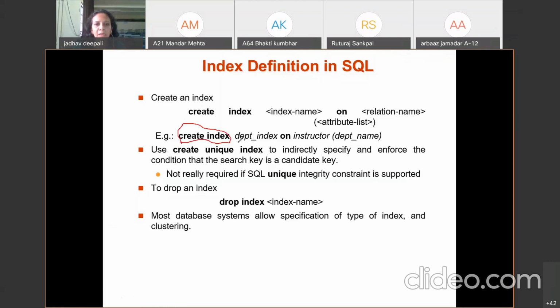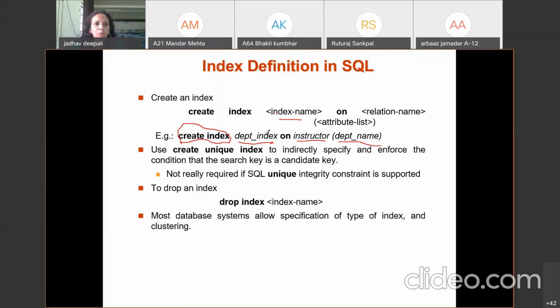Then department index is the name given to that index. You can give any name. On is again a keyword. On which relation are we going to create the index? On instructor. And which attribute are we going to use for the index? That is department name. So when we execute this query, it creates the index with the name department index on instructor with the attribute list department name. Attribute list means one or more attributes.